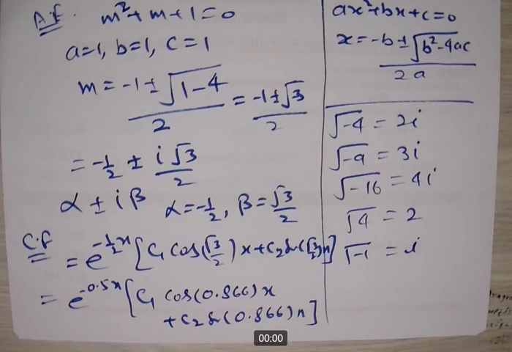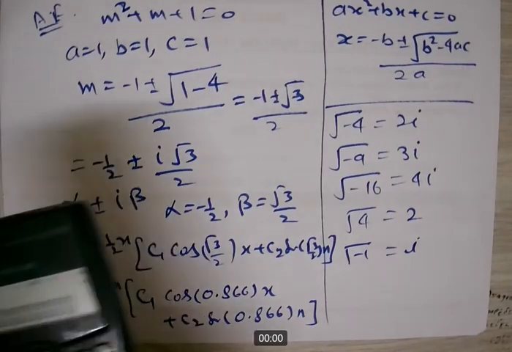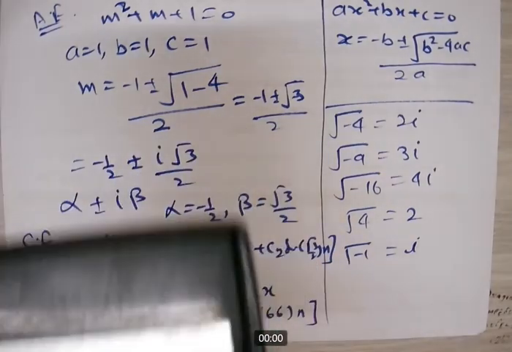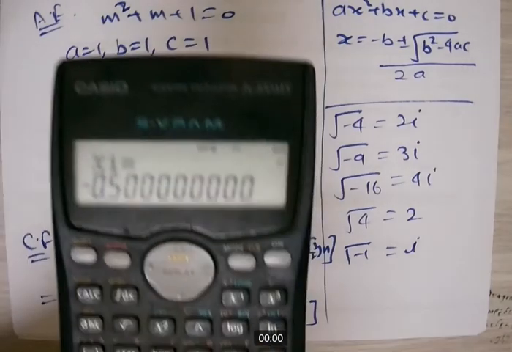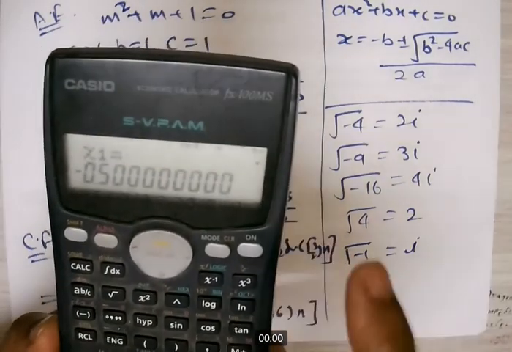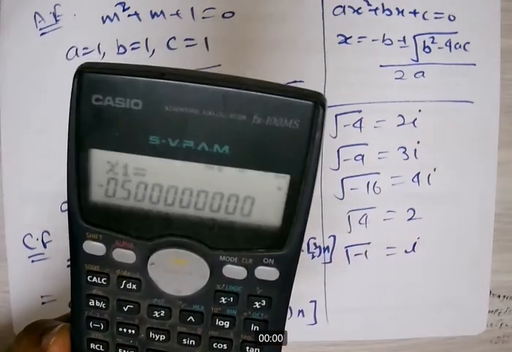In your calculator, in the complex form, it is written as RES.